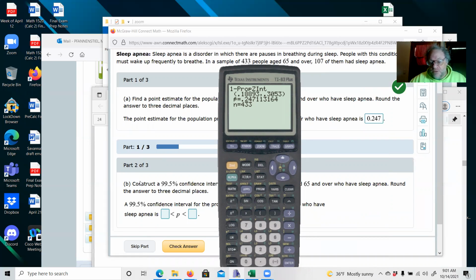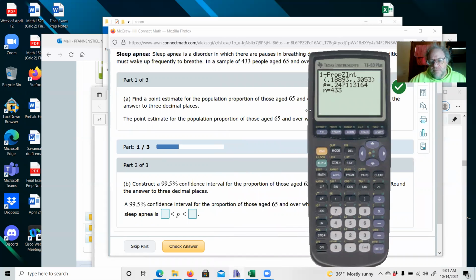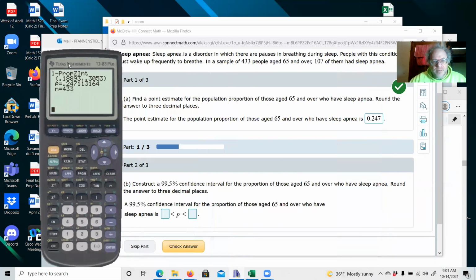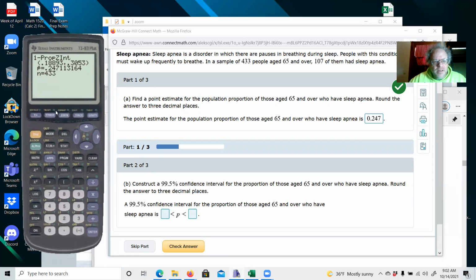You notice they gave us a point estimate in here anyway. So if we knew what part 2 was, we wouldn't have needed to calculate part 1 independently. But that's okay. So 3 decimal places here. This is 0.1889. This 9 is going to help that 8 out, so it's 0.189.